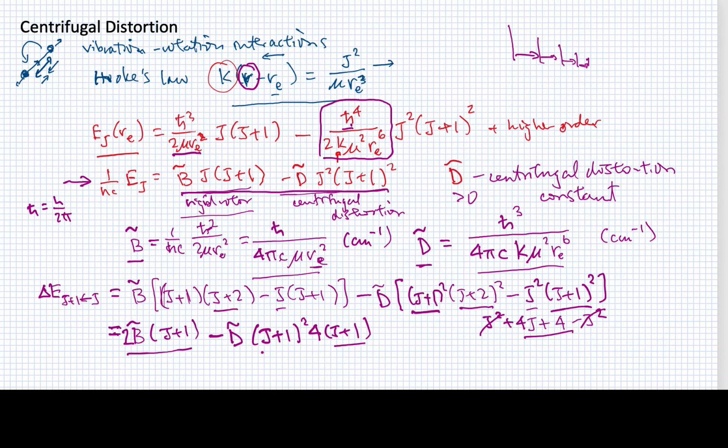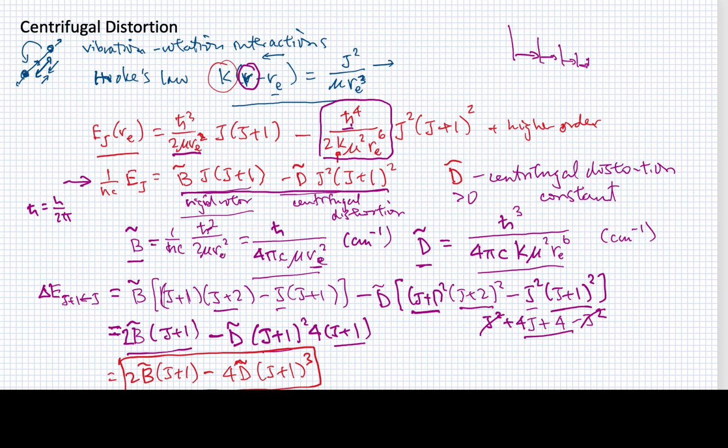Okay, well that j plus 1 I can combine with that. So my final result for this energy difference is going to be 2B tilde times j plus 1 minus 4D tilde times j plus 1 cubed. So this is what we would find for the transition energy between two rotational levels when we include centrifugal distortion.